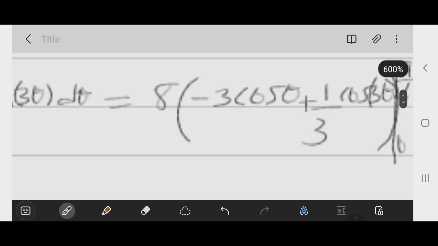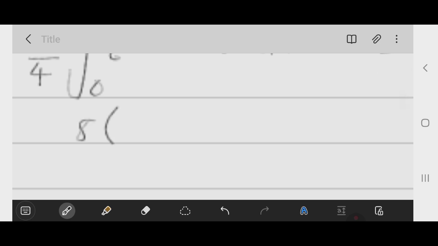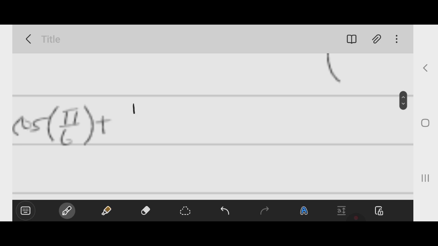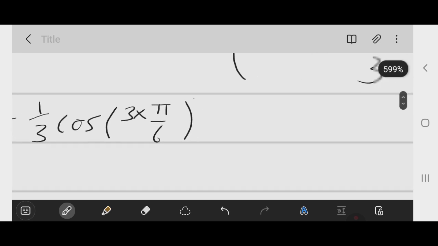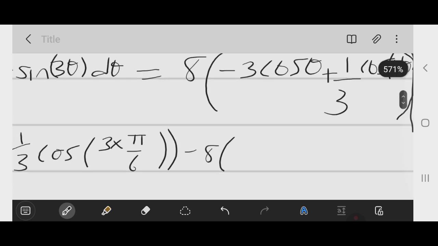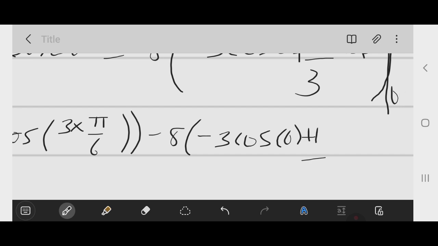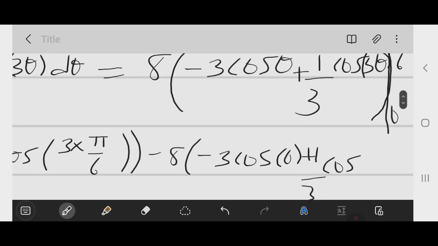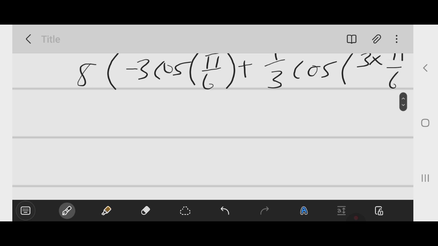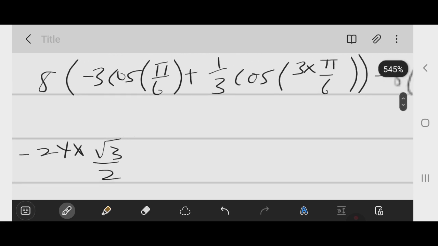Evaluating it from 0 to pi over 6. Now remember that cos pi over 6 is equivalent to the square root of 3 over 2.